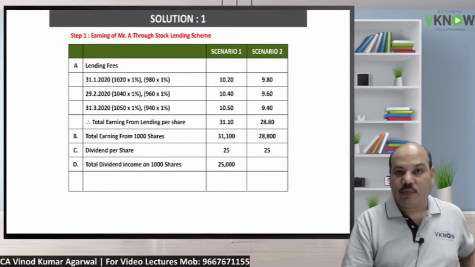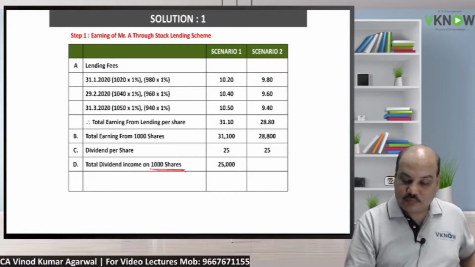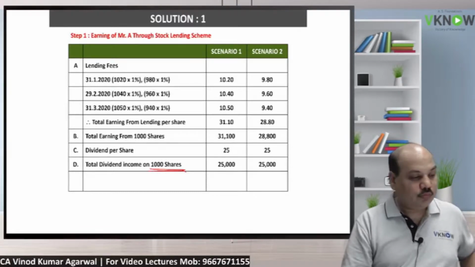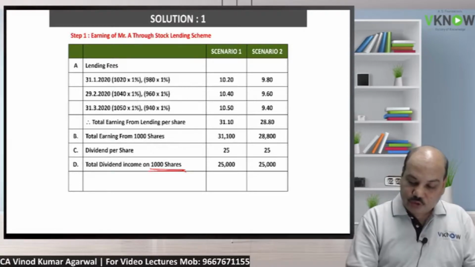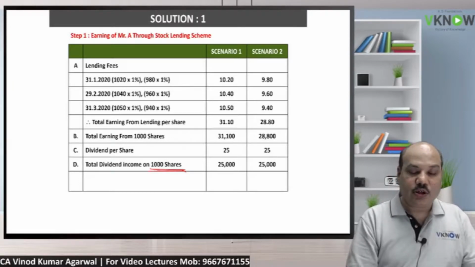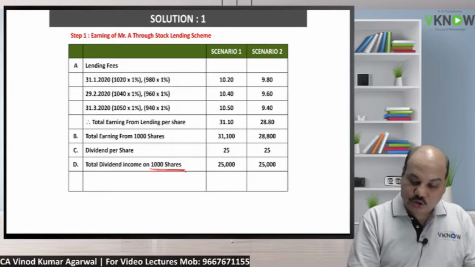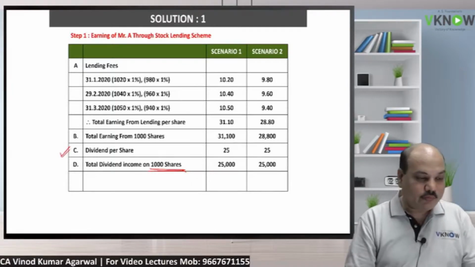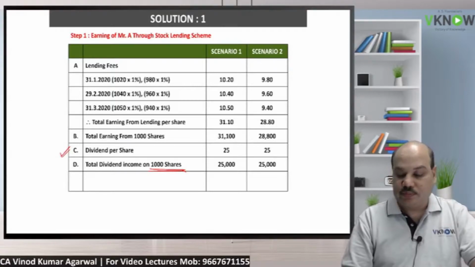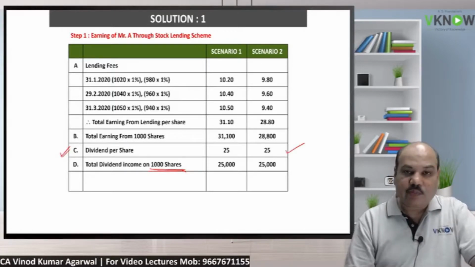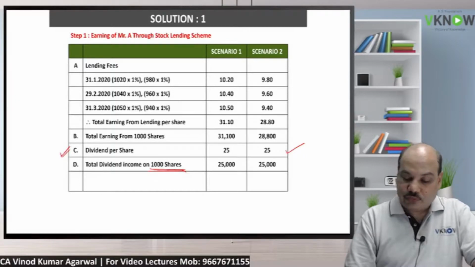So total dividend on 1000 shares will be 25,000. You assume face value is 100 rupees. The institute in the original question had not mentioned what the dividend per share will be, but in the corrigendum they have issued, they have mentioned it. So take dividend per share 25.